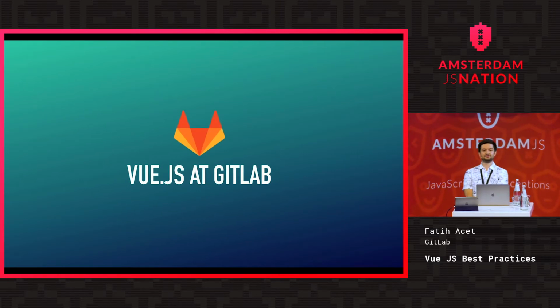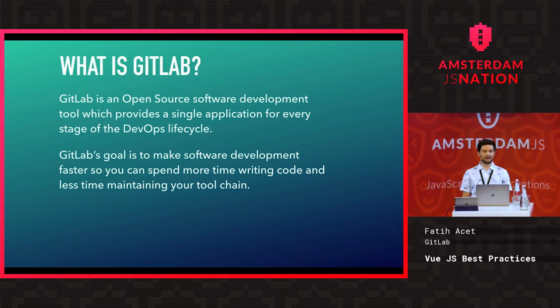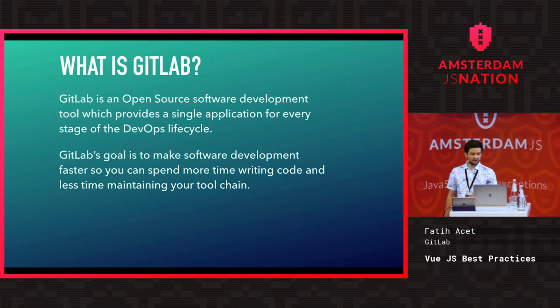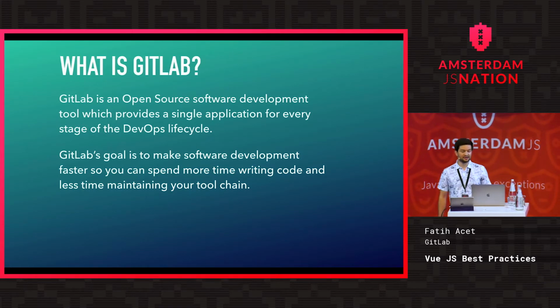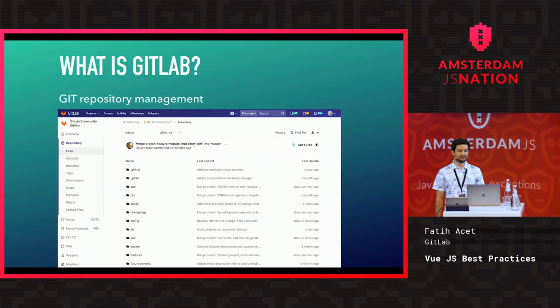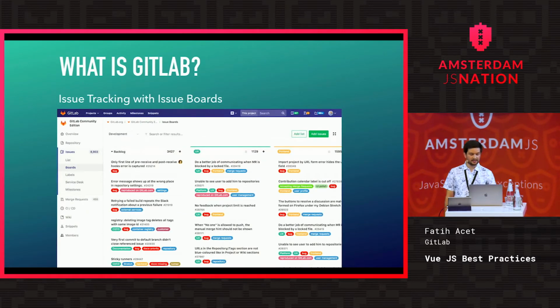So let's talk about how we do Vue at GitLab. Before that, I want to tell what GitLab is. GitLab is an open-source software development tool which provides a single application for every stage of your DevOps cycle. And GitLab's goal is to make your software development faster so you can focus on your work more. We have really cool Git repository management and also solid issue tracking features like the issue boards.